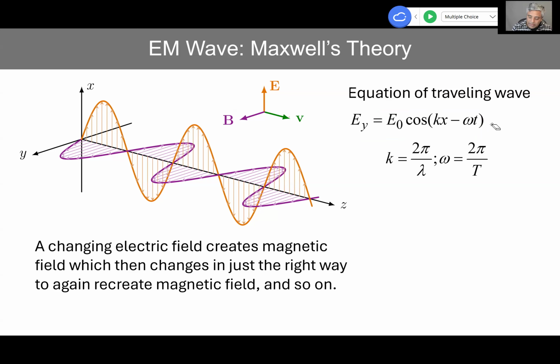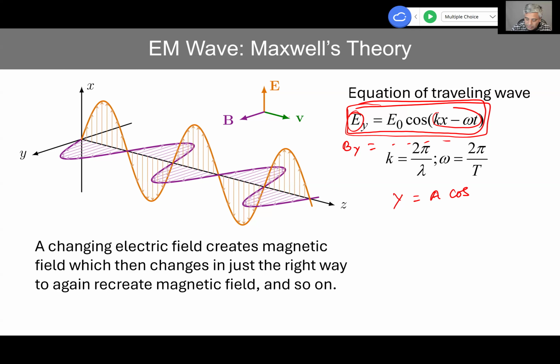So their equation can be written something like this. Here we are writing in terms of the electric field, but we can do that for the magnetic field as well. We can write a similar equation. And if you are wondering what this equation is, we wrote the wave equation yesterday. It was something like this: y is equal to a cosine of kx minus omega t.